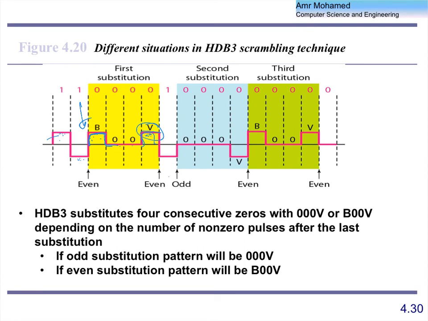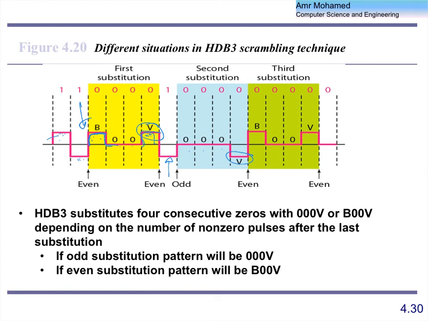For the case where the number of ones is odd, then we add only one violation. So we'll add 0 0 0 and then the violation to make it odd. So odd plus odd is even.